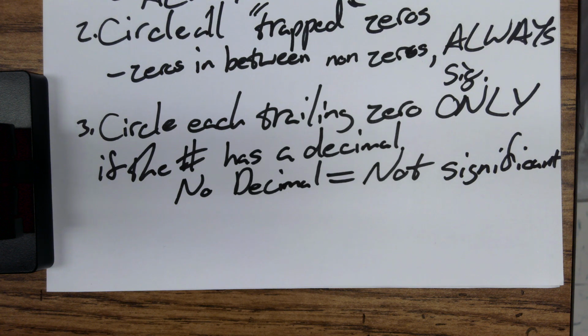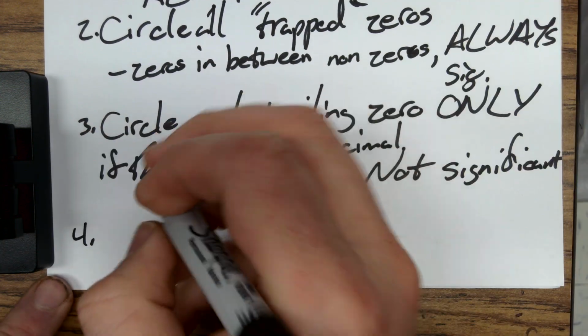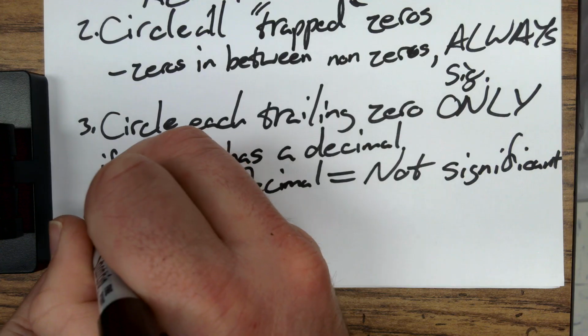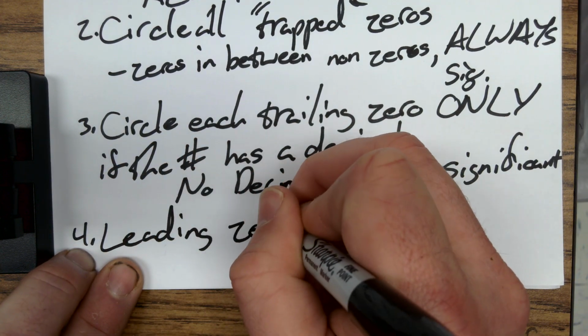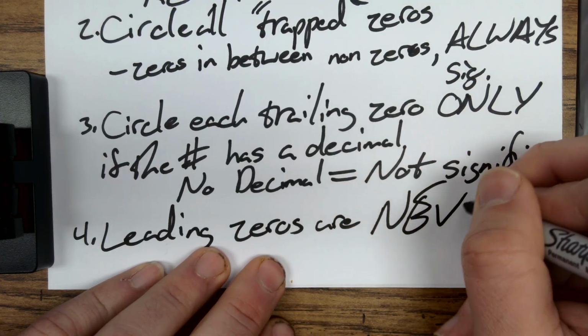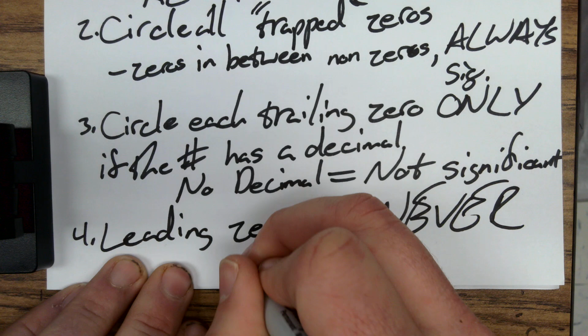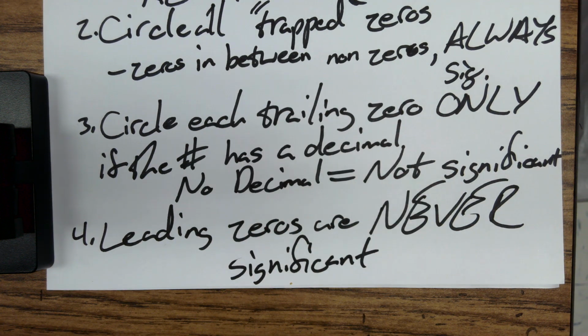So that means, like, 500 has 1 and 0.500 has 3. And lastly, number 4, any leading zeros are never significant.